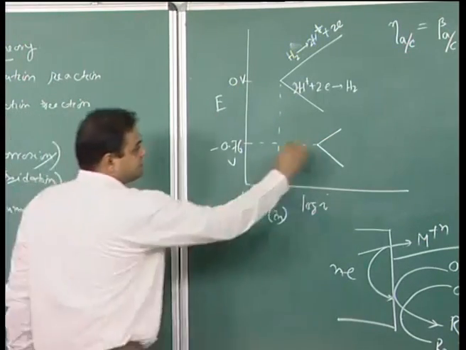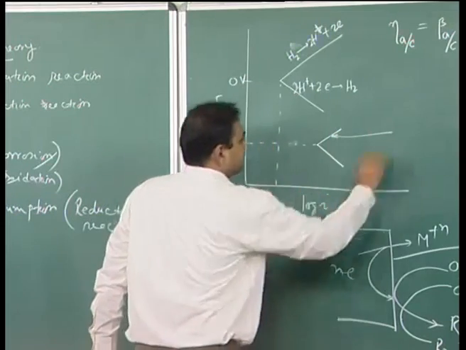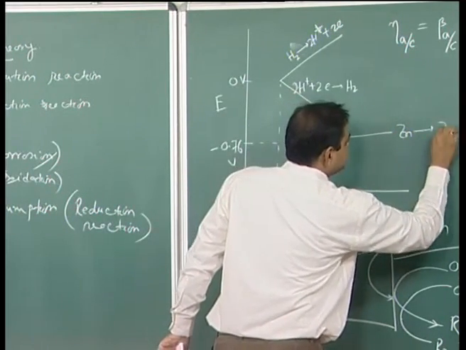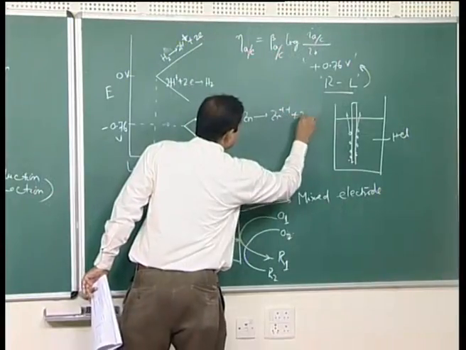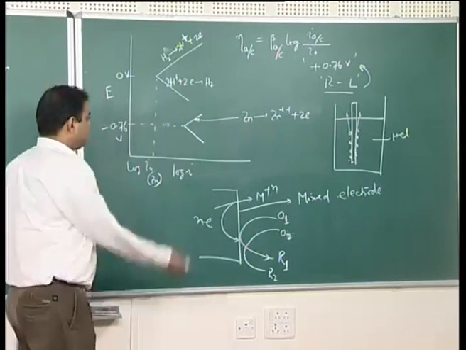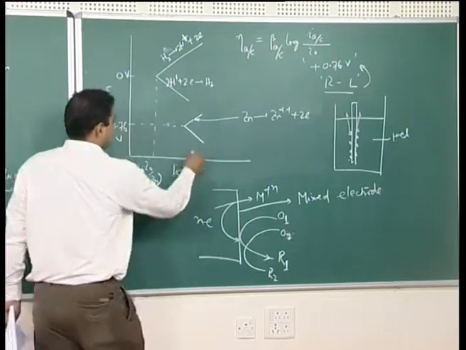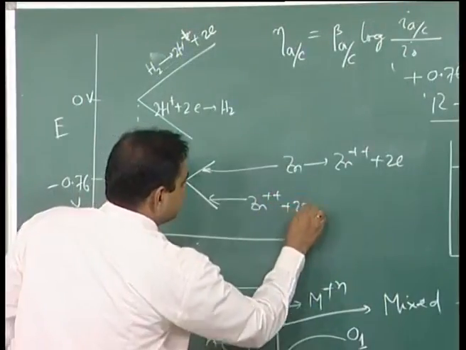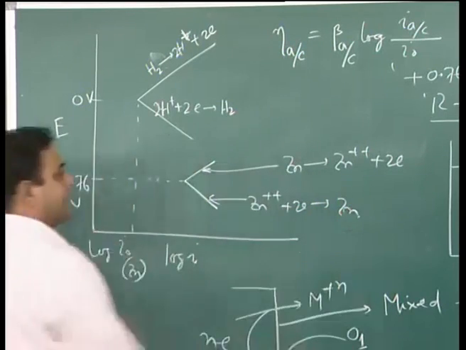So in this line, it would be zinc going to zinc plus 2e, the anodic reaction or anodic polarization line, and in this case it would be zinc plus 2e, the cathodic reaction.